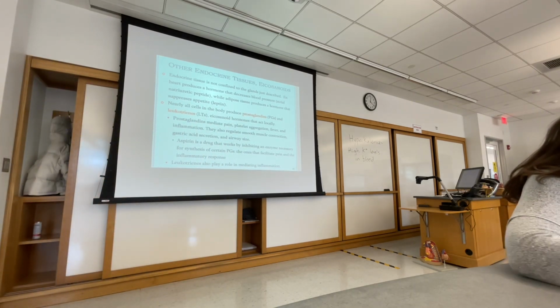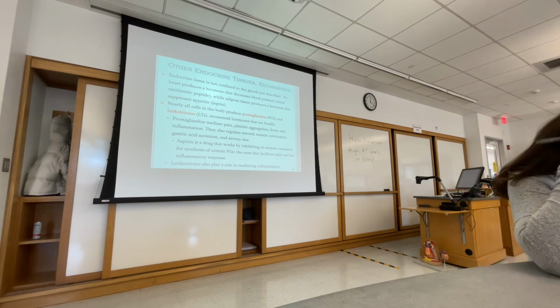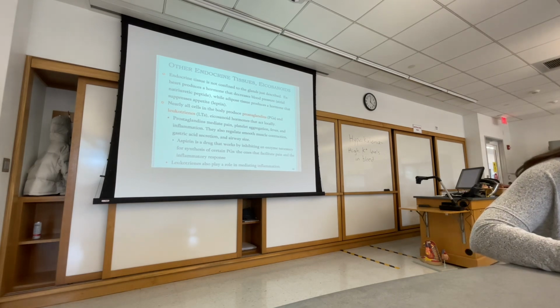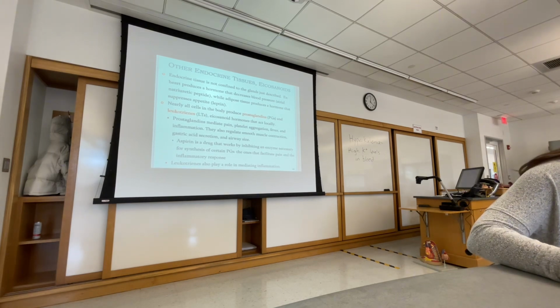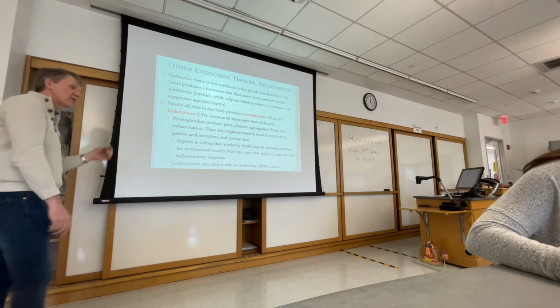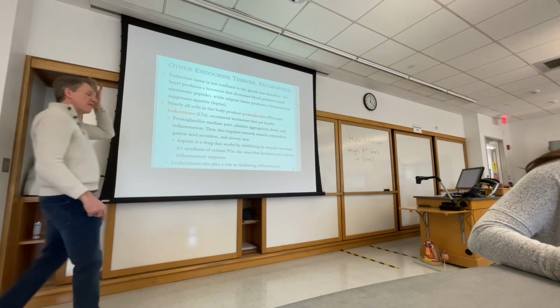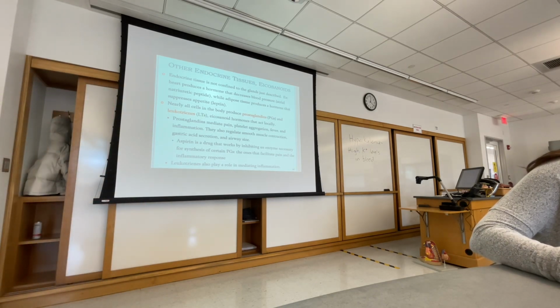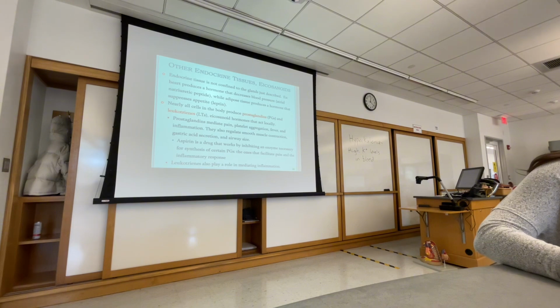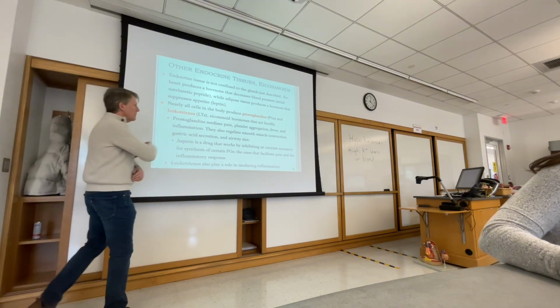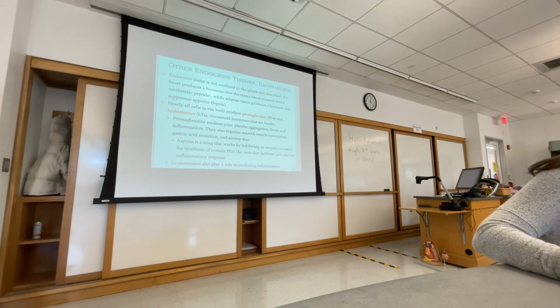When you hear either the name prostaglandin or leukotriene, I think the first word that should come to mind is inflammation. They both promote inflammation, which is all about attracting white blood cells to an area where there's a problem so that the white blood cells can then fight off the infection or whatever the particular problem is. So prostaglandins promote inflammation, which includes things like pain and fever and other things.